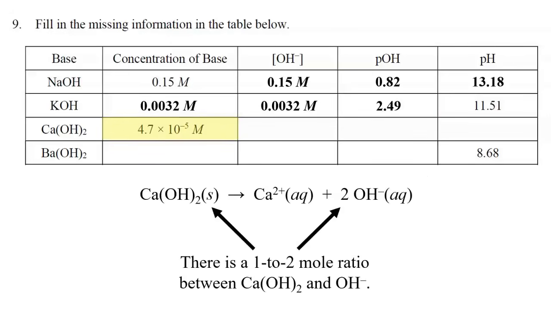Because of this 1-to-2 ratio between the formula of calcium hydroxide and the number of moles of hydroxide, I'm going to multiply the concentration of base times 2 to get the concentration of hydroxide itself. And when I do that, I get 9.4 times 10 to the negative 5 moles per liter. That is my concentration of hydroxide.